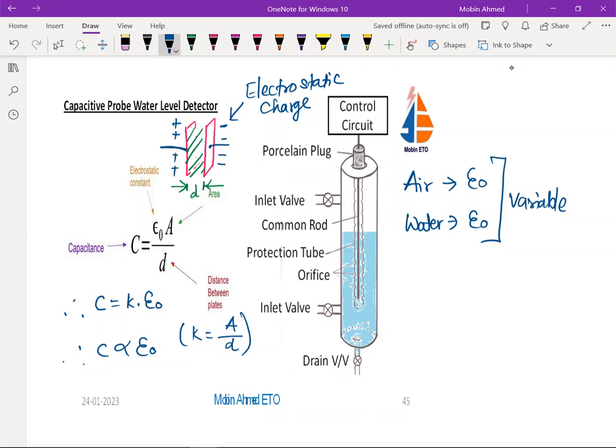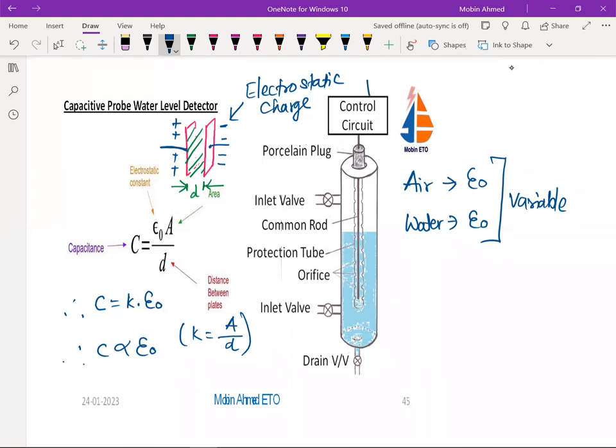Because when the water level varies, these two are going to vary. So the charges across the capacitor are going to vary, and that gives us the water level, how much water level is there, that we can find out.